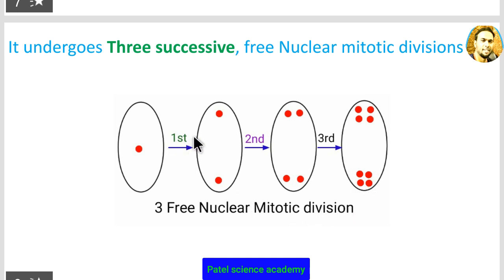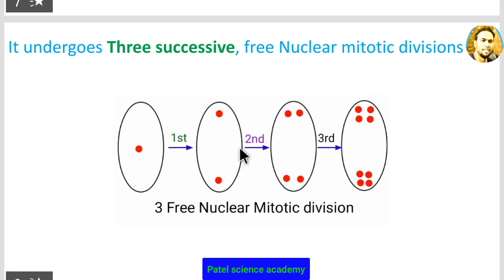So how many cell divisions are taking place here? 3. 1, 2 and 3. The remaining cell, by the first mitotic division, will divide into a two cell structure.